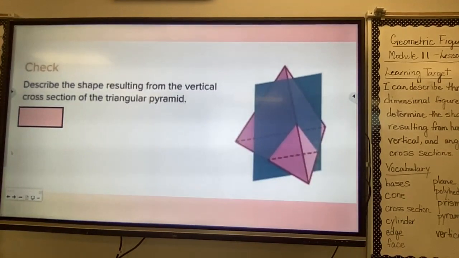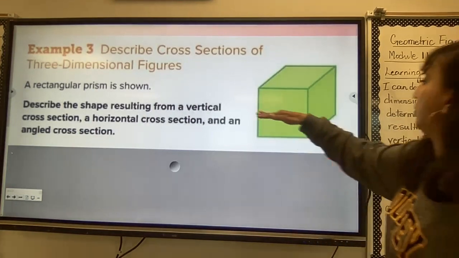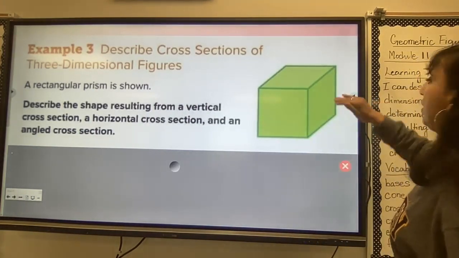So let's describe cross sections. Describe the shape resulting from a vertical cross section, a horizontal cross section, and an angled cross section of this. A rectangular prism is shown. Horizontal cross section, if I go this way, what am I going to get?